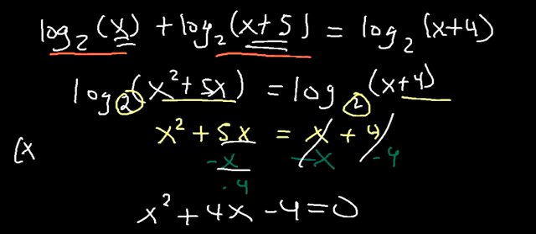This expression can't be factored. We may have to come up with another way of solving it. Let's see, x squared plus 4x minus 4 is equal to 0.